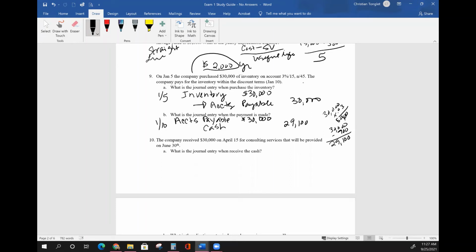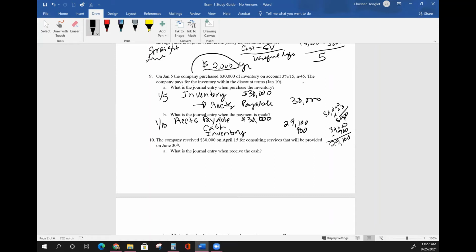And then I have this discount of $900. We're going to go ahead and credit inventory to reduce the cost of the inventory by that amount. Now you could keep it in a separate account, a discount account, but for purposes of the test, I want you to just reduce inventory by that amount, whatever the discount is.